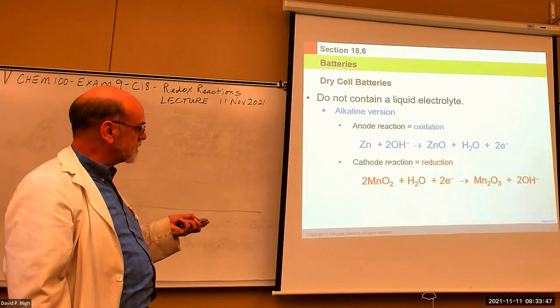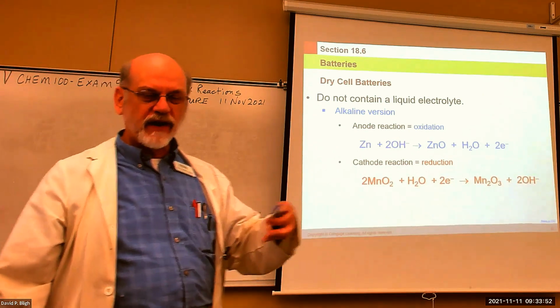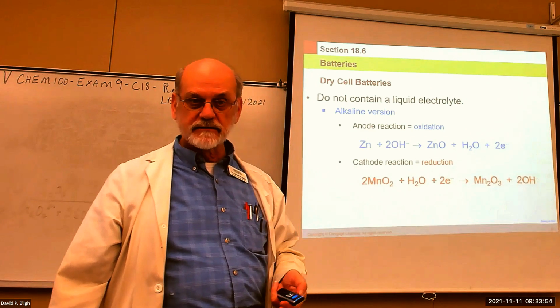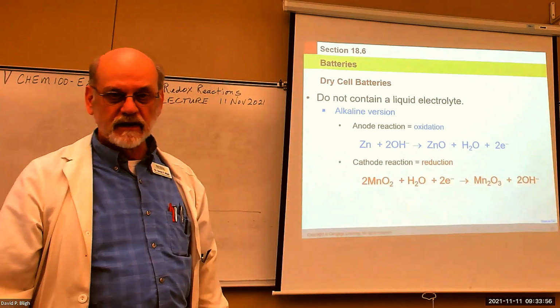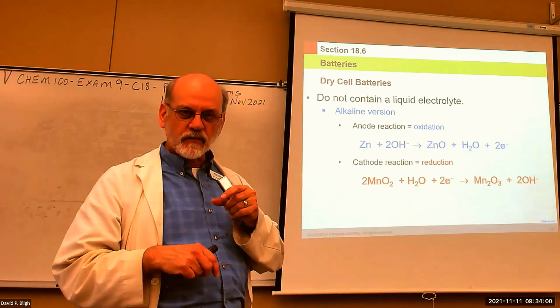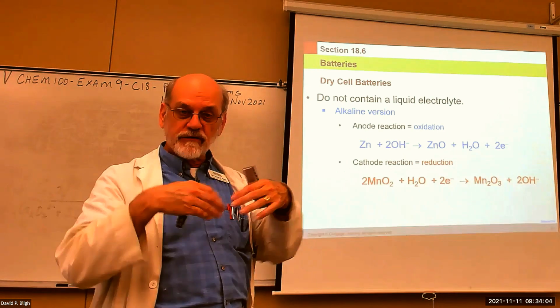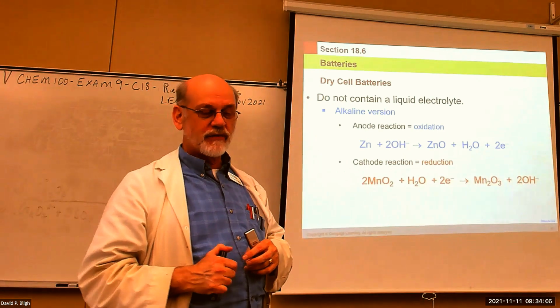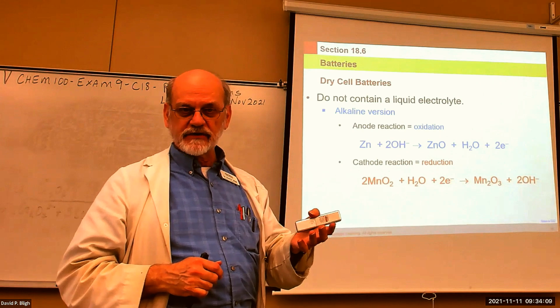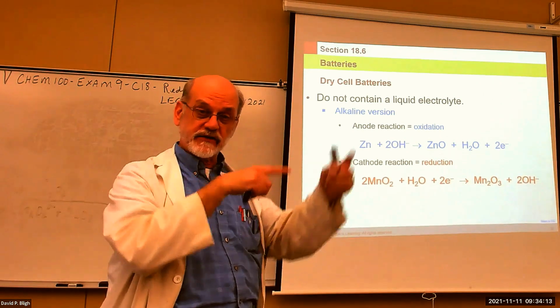The cathode reaction is this one, the anode reaction is that one. And you get about 1.5 volts out of that cell. And if you need more, the device you put them in will tell you to arrange them a certain way that will add their voltage. So maybe your device needs 3 volts. So in the device, they will be placed in series. 1.5 plus 1.5 makes 3 volts.